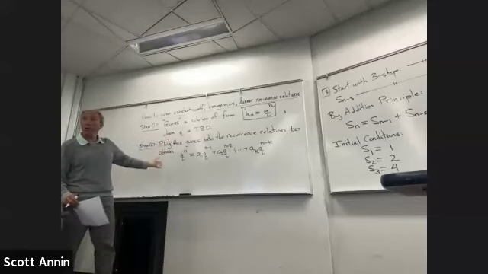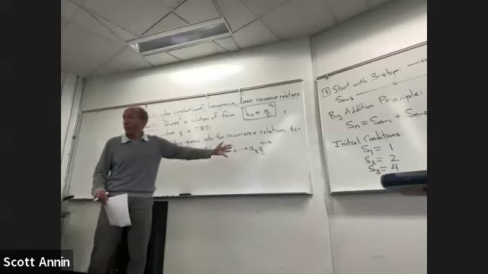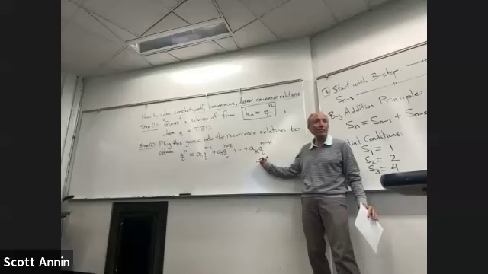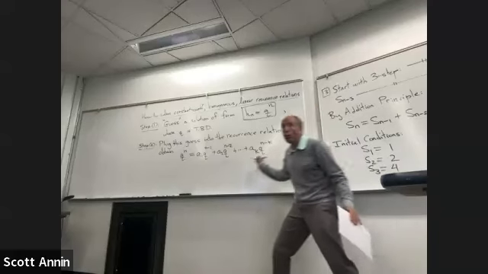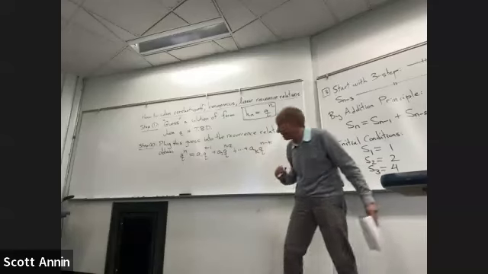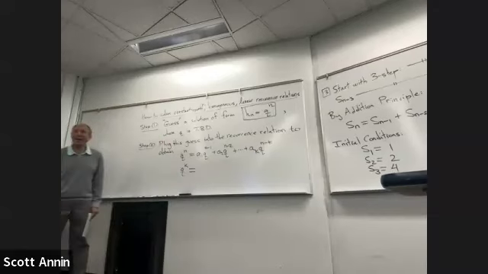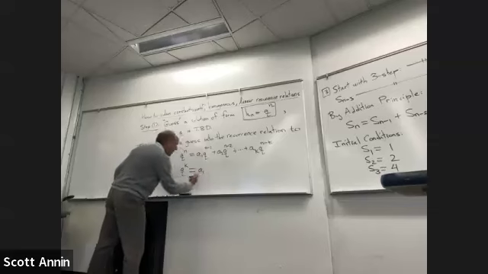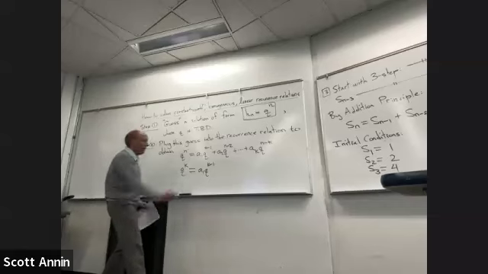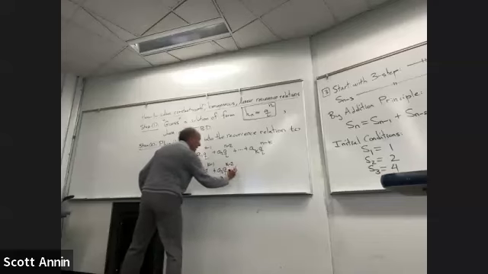And what you now do, guys, is you cancel as many q's as you can from all of the terms. The fewest number of q's that you have is the q to the n minus k. If I take this whole equation and in each term I divide through by q to the n minus k, it is going to reduce it to q to the k equals a1 times q to the k minus 1, plus a2 times q to the k minus 2, and dot, dot, dot.